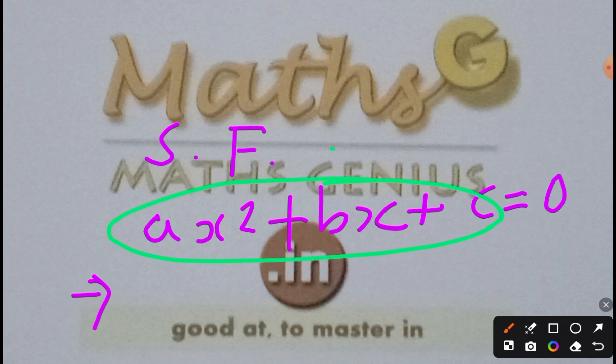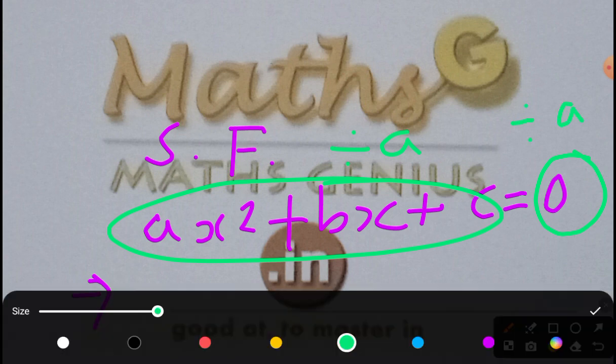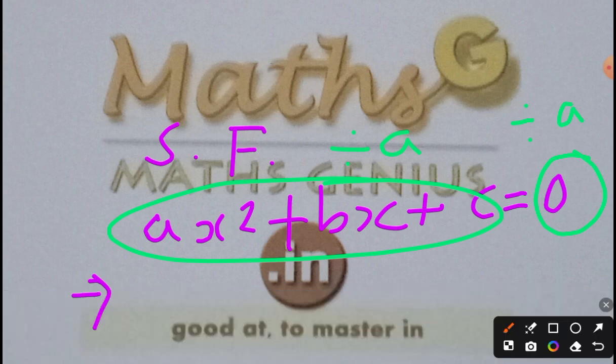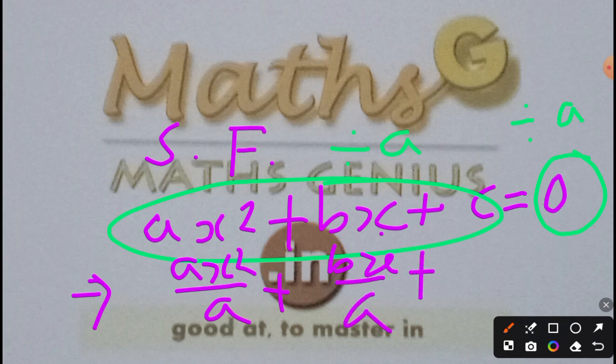Divide the left hand side by a and the right hand side by a. In that case, the value of the equation remains the same, as we know, if we operate with the same thing on both sides, LHS and RHS, we get that. So when we divide ax square by a plus bx by a plus c by a, on the right hand side it is 0 by a.